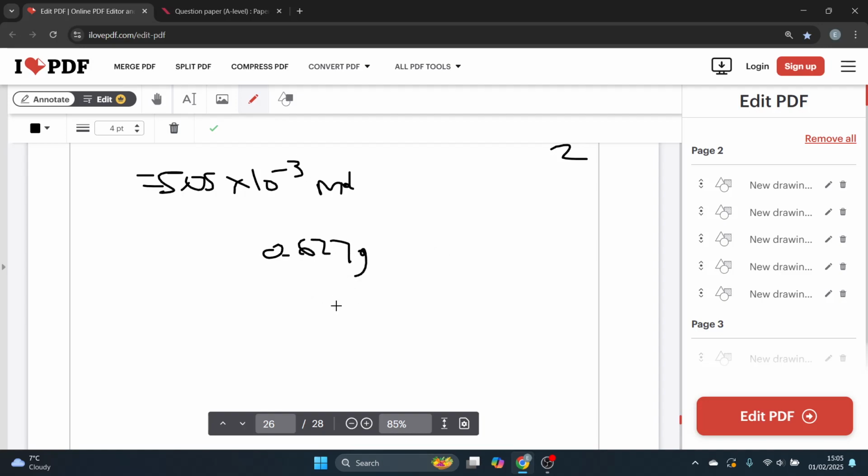And then all I do, moles is mass over MR, so MR is mass divided by moles, so it's going to be divided by that.